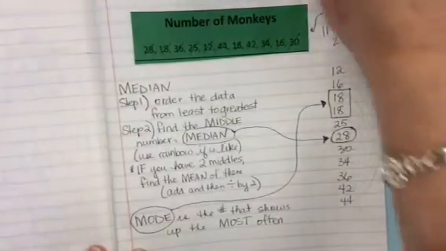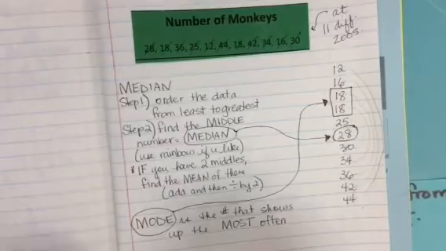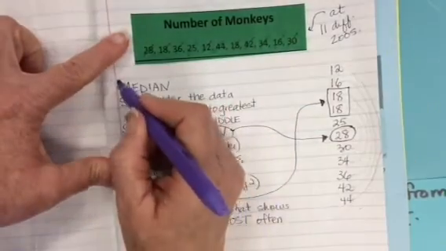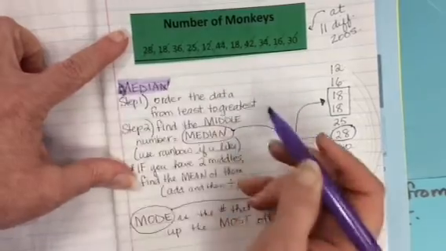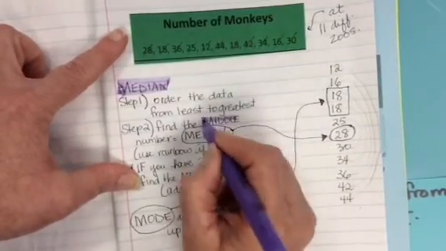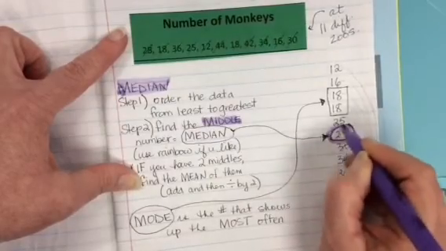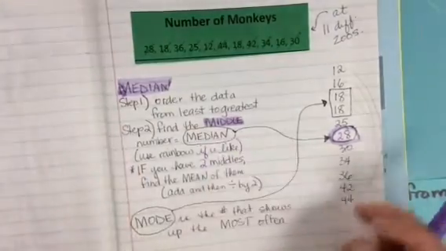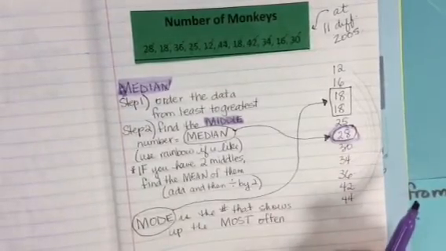Okay, let's do a little highlighting to make our notes color coordinated. So I have the median. What does the median mean? It means the middle. My median number was this 28. Remember, if there are 2 middles, you average them together. You take the mean of them.